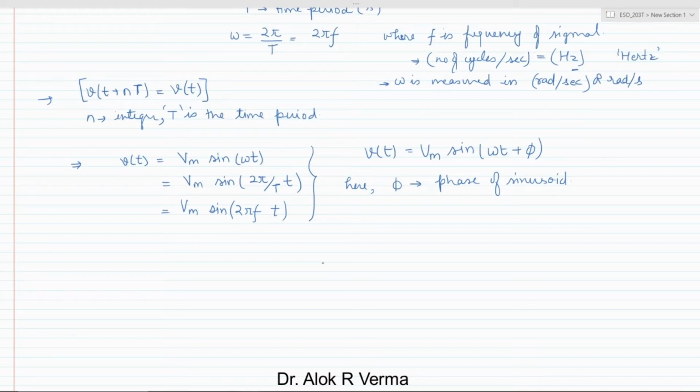The total argument, omega t plus phi, is basically the argument, with phi as a phase, which is already mentioned.